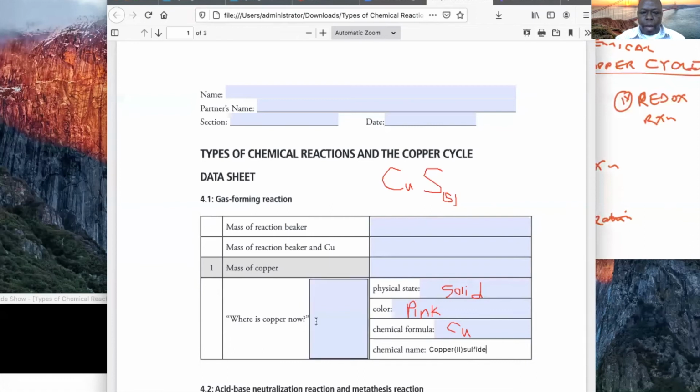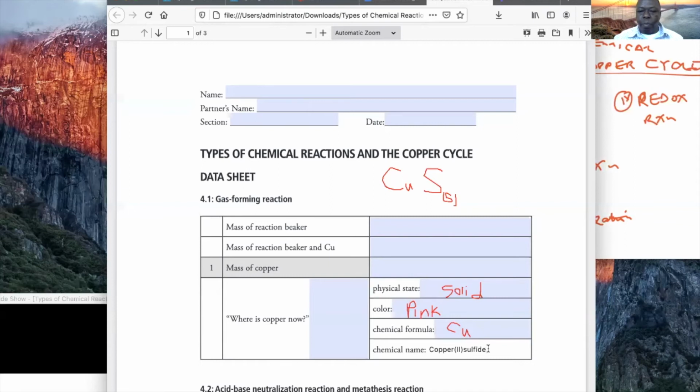Where is copper now? You don't need to fill in anything here. This question is answered by the information you key in here, that copper is in form of copper 2 sulfide. Copper is in form of copper 2 nitrate.